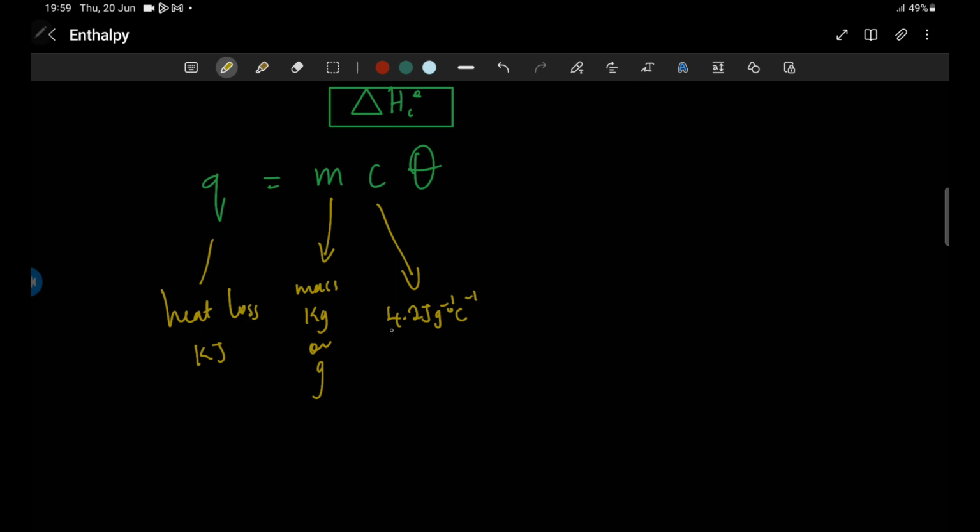But if you're working with kilograms as your mass, that would be 4,200 joules per kilogram per degree Celsius. Temperature, you measure in degrees Celsius or Kelvin.